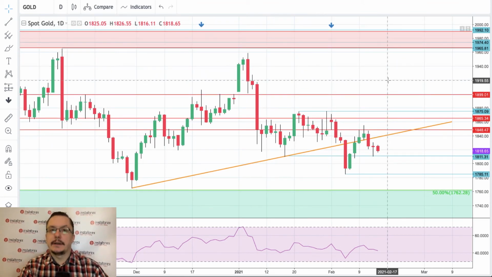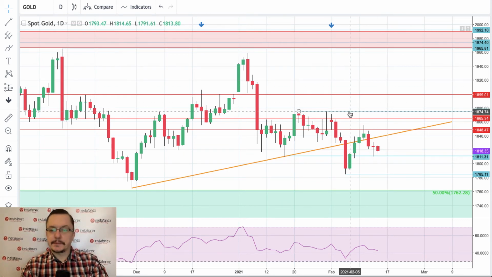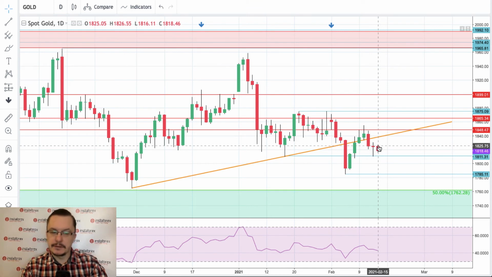The other thing is, if the equity markets are going up, then gold is supposed to go down. So this is why the situation on gold is a little bit confused. On one hand, the US dollar is going down, and on the other, equity markets are going up, so there isn't much movement on the spot gold market.